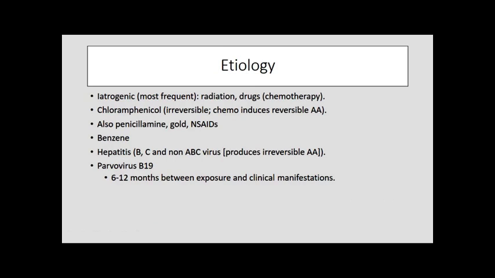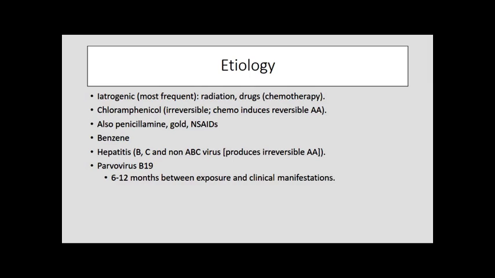These are the drugs or the toxins that are most related to aplastic anemia. The most frequent cause is iatrogenic radiation. We give radiation to treat cancers, but radiation has secondary effects. One of them is cancer. So we treat one cancer and we develop another, or we develop aplastic anemia.